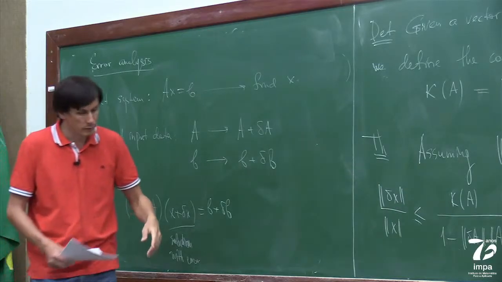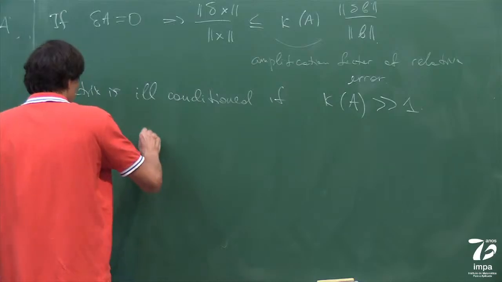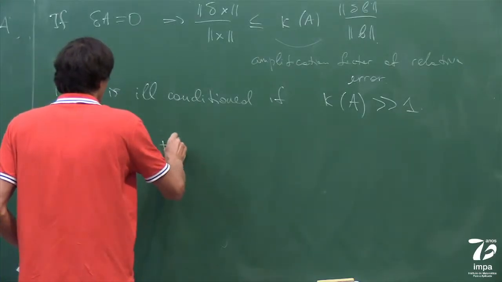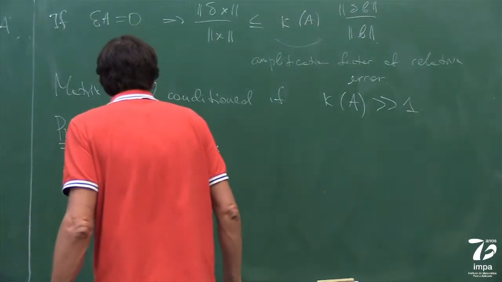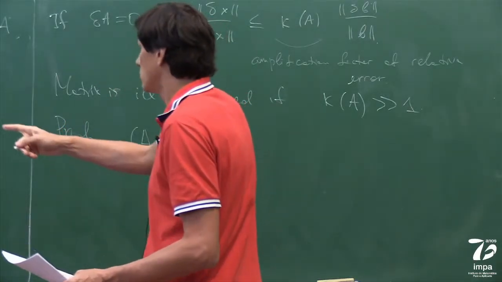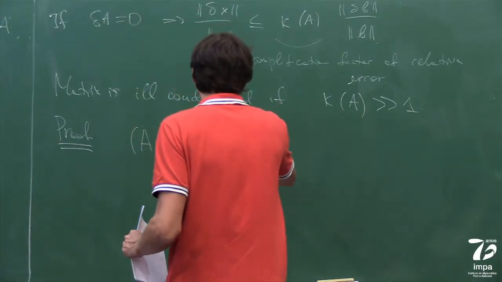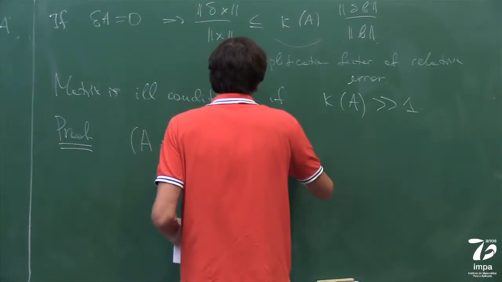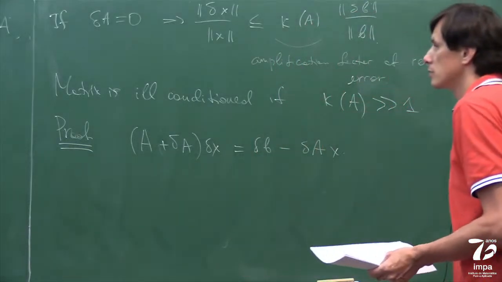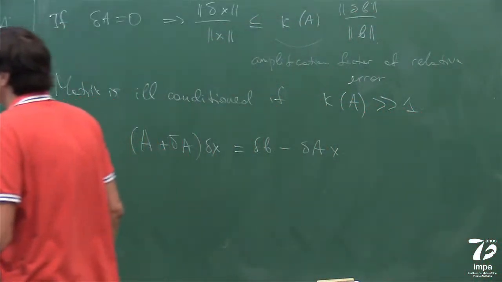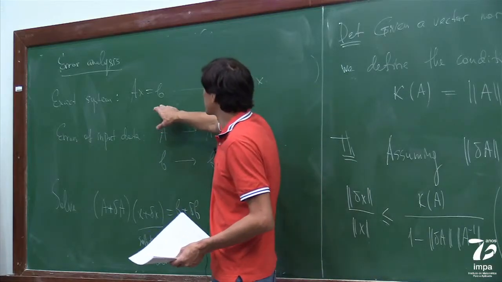So what will be left from this equation is A plus delta A times delta X. And then there will also be delta A X, which we'll put on the right-hand side. So it will be delta B minus delta A X. So this is the result from this equation where we subtract the exact system.